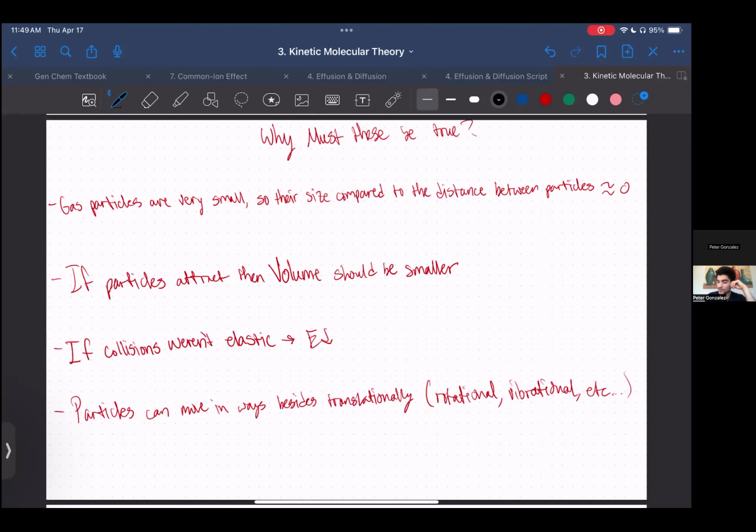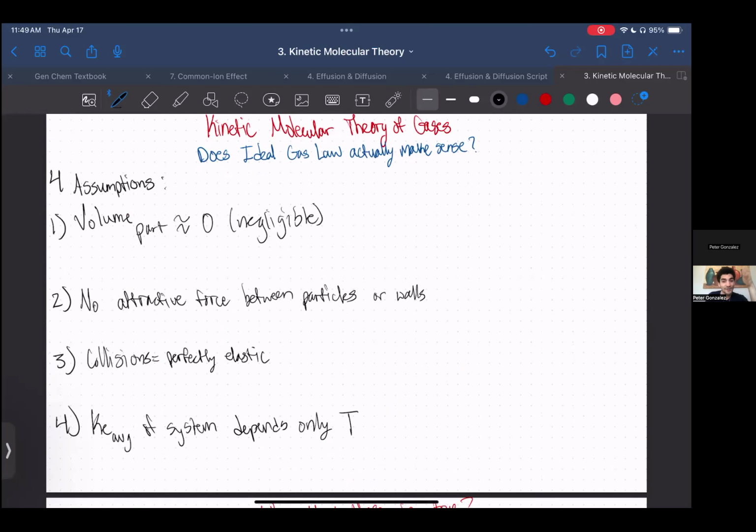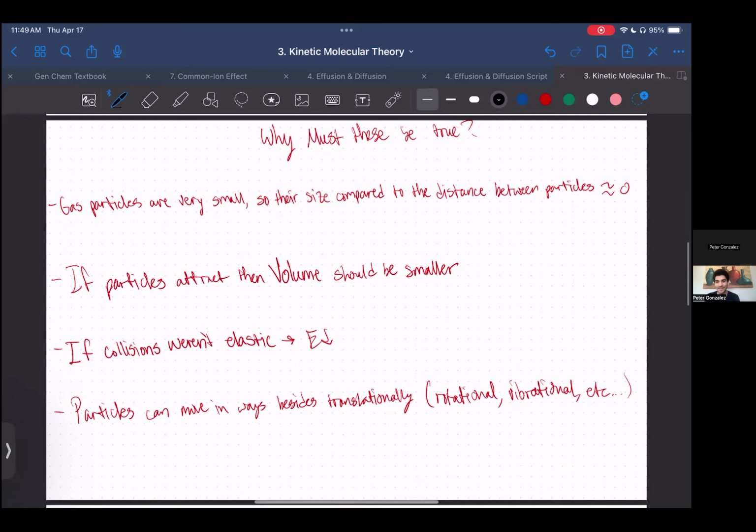With number one, this says that the volume of the particles themselves is about zero and we can ignore it. Just remember how crazy chemistry is in terms of the quantum mechanics of it. Particles are so small. The nucleus of an atom compared to how big the electron cloud is is ridiculous.